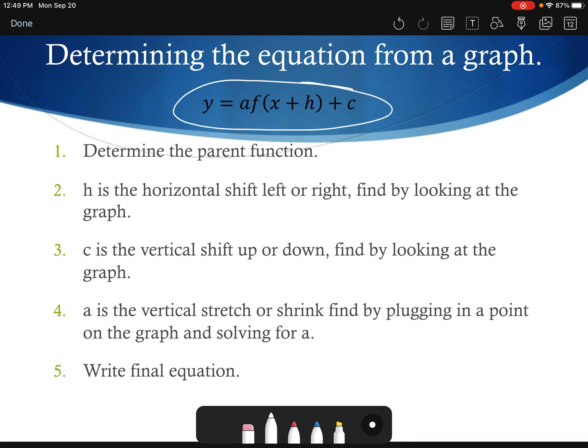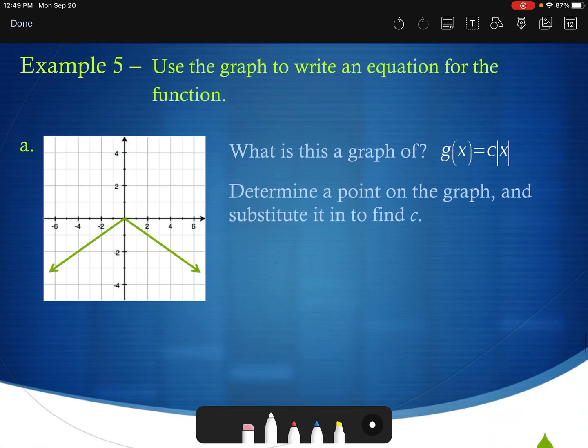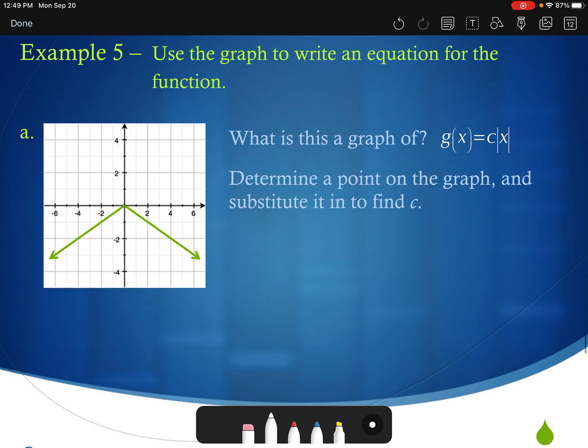So we're going to have to determine the parent function. We're going to have to determine whether there's a horizontal shift left or right, whether there's a vertical shift up or down, whether there's a vertical shrink or stretch by plugging in a point and solving for A, and then we're going to write the final equation. So we got some work to do here on these problems.